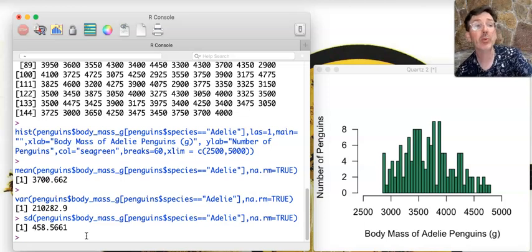Now, we may want to combine our questions about variation and our interest in the location of the mean to get a feeling for how well we are doing at estimating the mean. Remember, that mean is an estimate, it's a parameter that we have estimated based on the sample that we have.